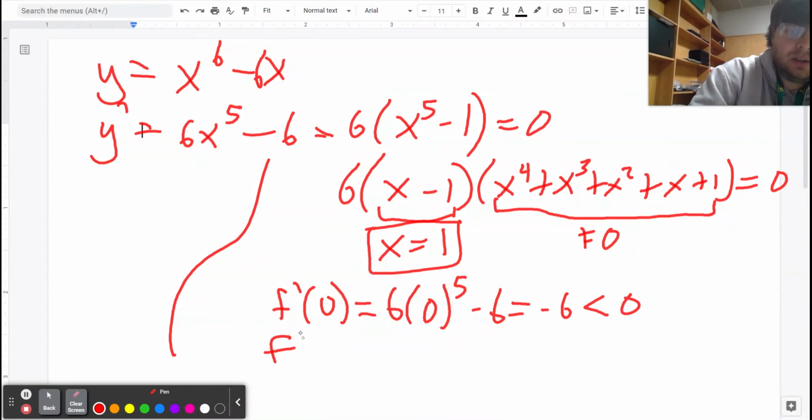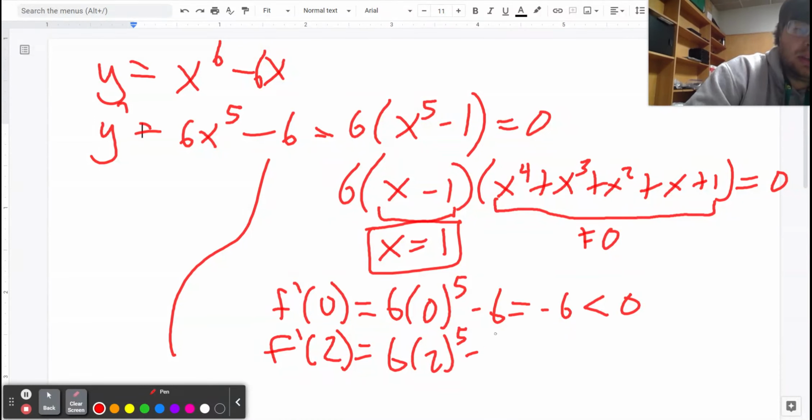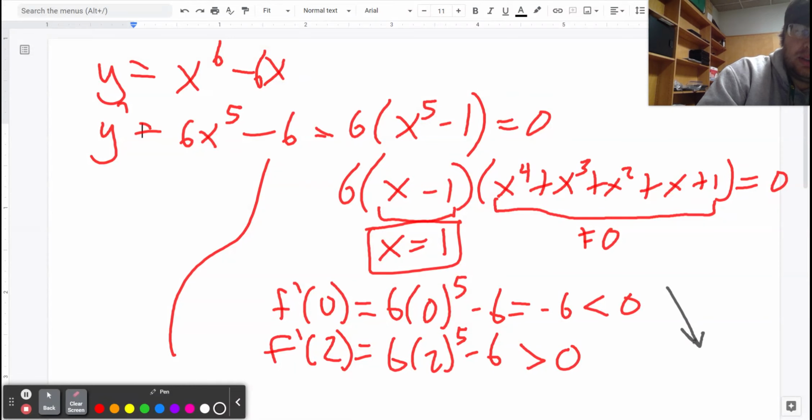Now let's look at a number bigger than 1, like f prime of 2. 6 times 2 to the fifth minus 6. I don't need to calculate it all the way because I know that that's going to be bigger than 0. And so I have a function that is decreasing, flat, and then increasing. So I know that this has to be a minimum.